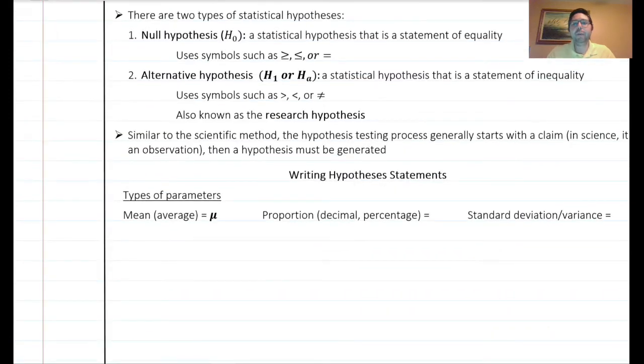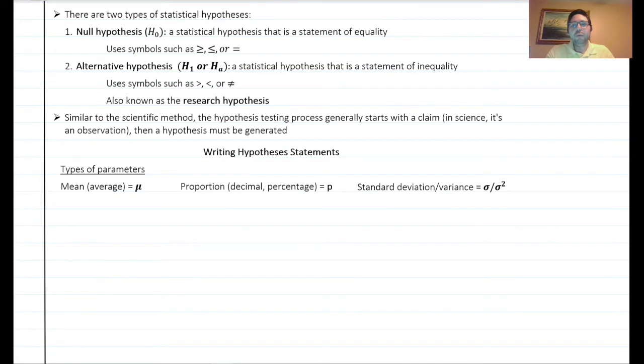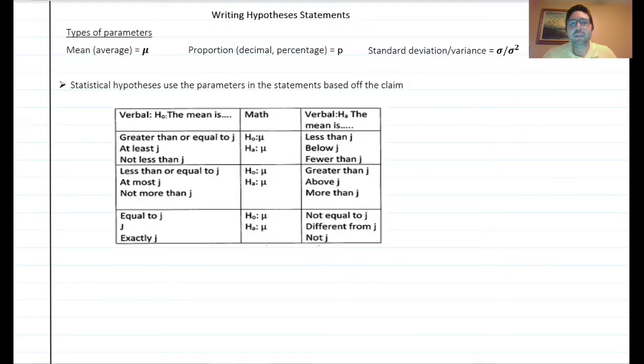So how do we go about writing the hypothesis statements? We're going to describe this chart here. You have to know what greater than or equal to is for, so use this chart to help you with some of the symbols. First off, if we're talking about the mean, that means we're using mu.